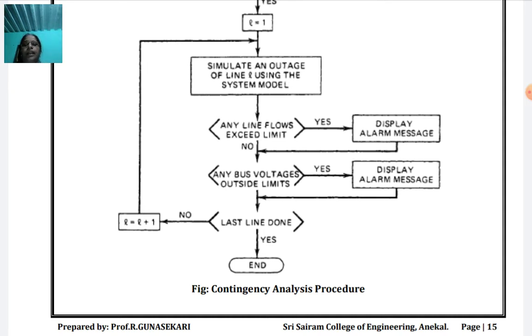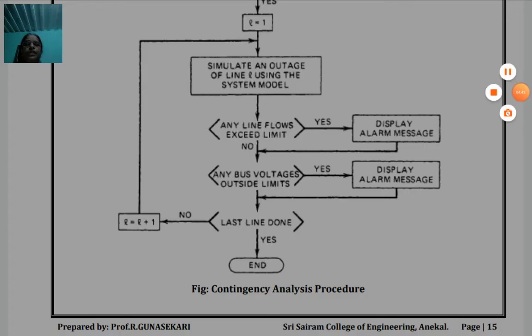That means the outage of the next line goes for simulation, and then we check the line flows and bus voltage outside limit. This process loop is continuously executed until the last line is done. So this is the contingency analysis procedure.